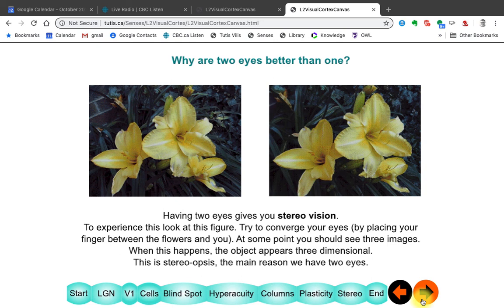Okay. So now I see it as 3, and when you see it as 3, the middle one will be remarkable. It'll be in 3 dimensions, and as you move your head back and forth, you'll see different parts of this 3-dimensional structure. It's amazing. So like that, each eye sees a different part of the flower.